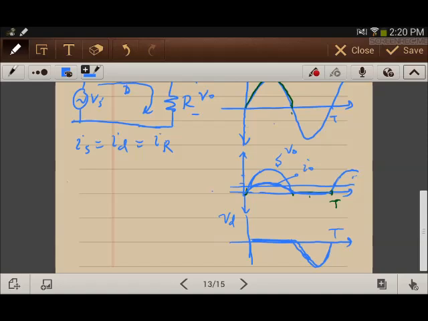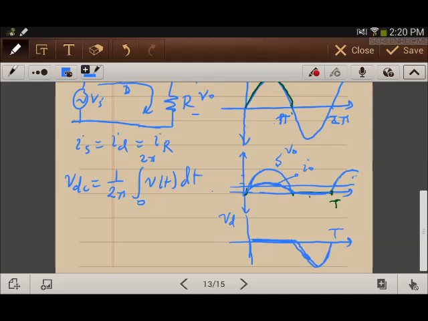Since this is a sinusoidal signal, half the period will be pi and the period will equal 2 pi. So I will find the average value, the value of the DC voltage, by integrating the signal of the voltage source, V(t) as a function of time, from 0 to 2 pi.